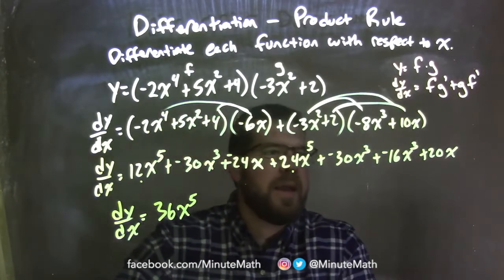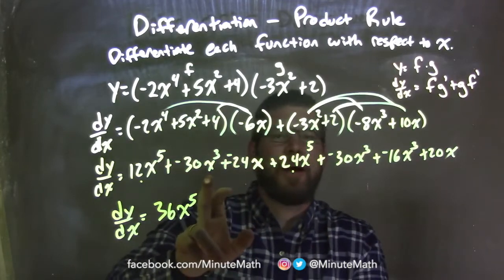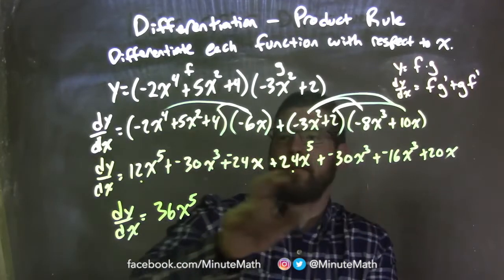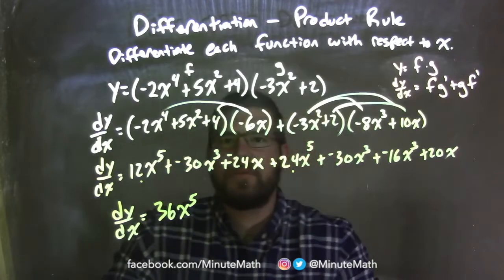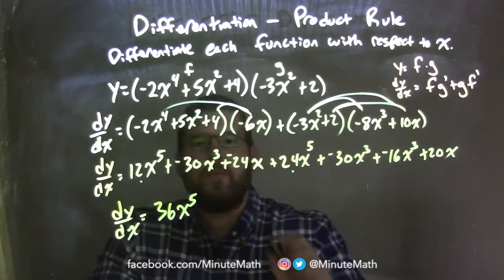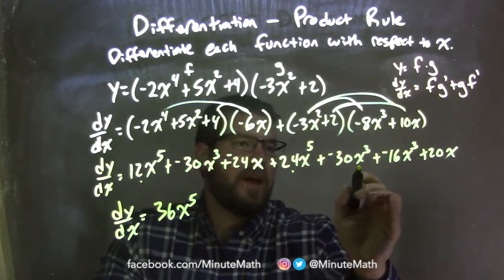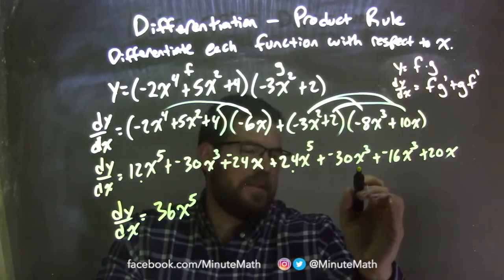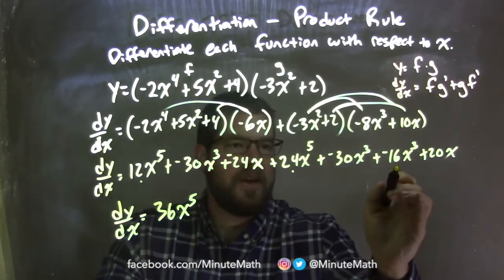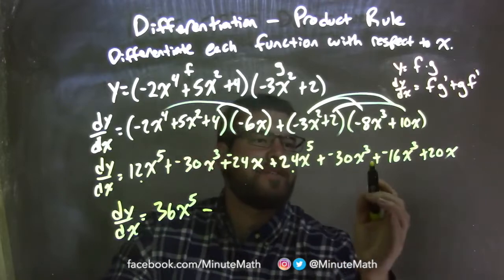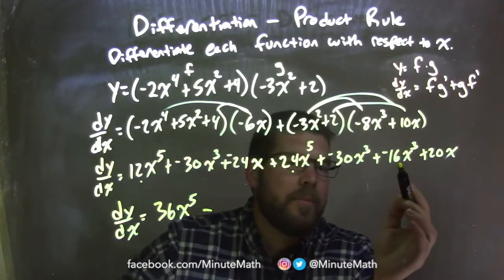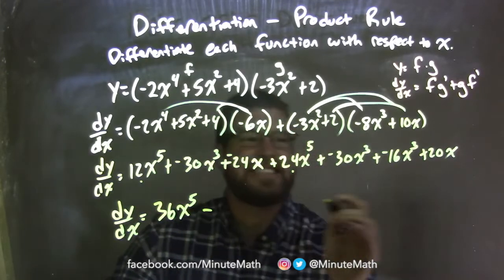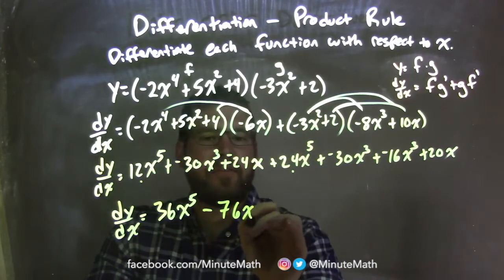Okay. Then the next highest degree I see is the third power. I have 3 of them: 1, 2, 3. So to combine them, negative 30x to the third plus negative 30x to the third is negative 60x to the third, plus a negative 16. So negative 60x to the third plus negative 16x to the third is negative 76x to the third.